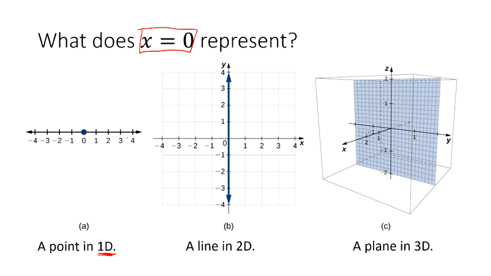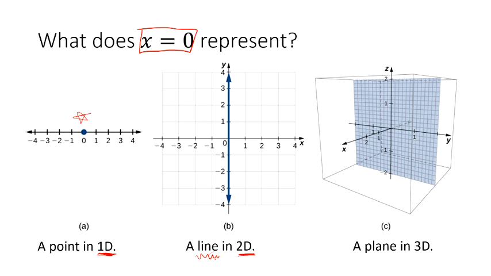That's only one dimension, from negative infinity to infinity. If x is 0, it is only a point. However, if we look at x is 0 in a two-dimensional space, in this xy plane, x is 0, but there's no restriction on y. y could be anything, so it's actually a line now.